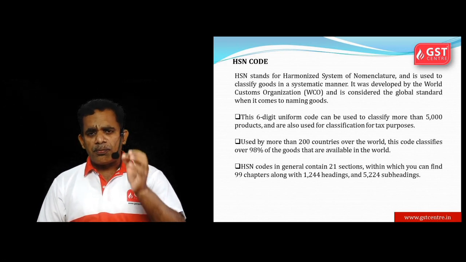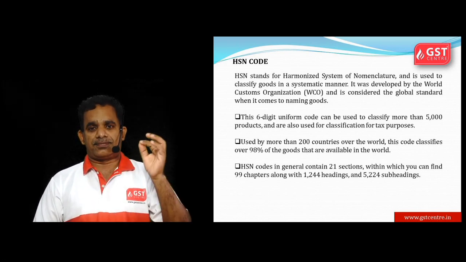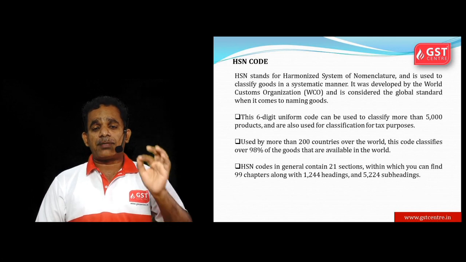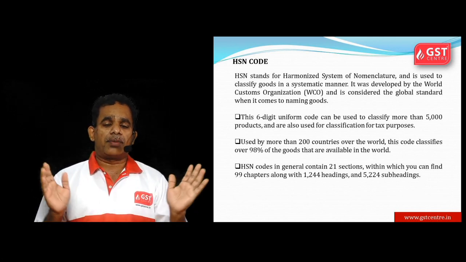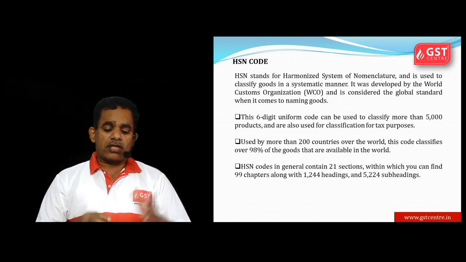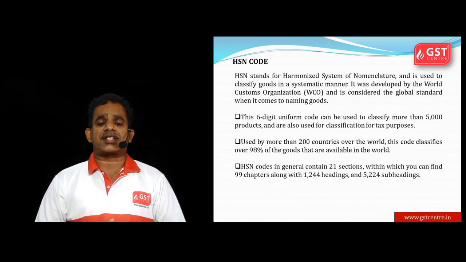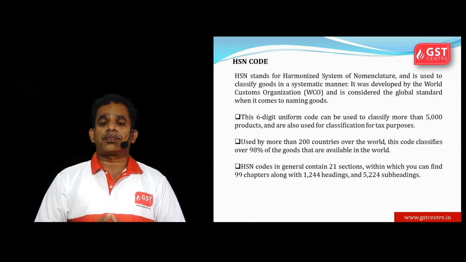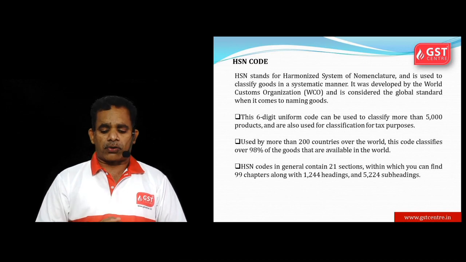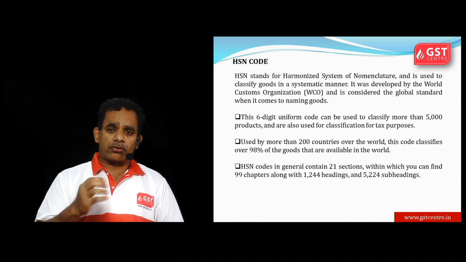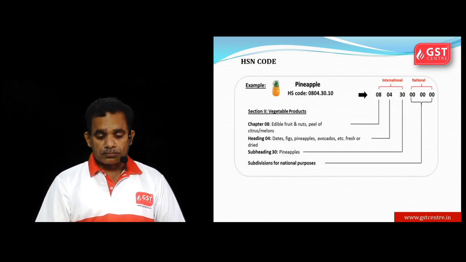It is used by more than 200 countries, covering 98% of the goods available in the world. HSN codes generally contain 21 sections, 99 chapters, 1,244 headings, and 5,224 subheadings.